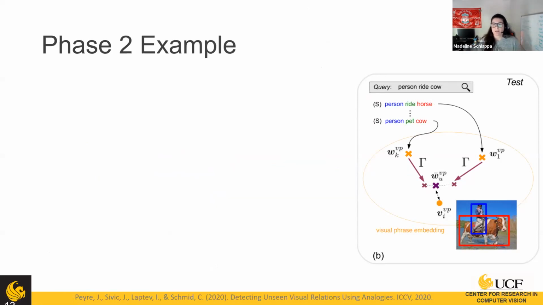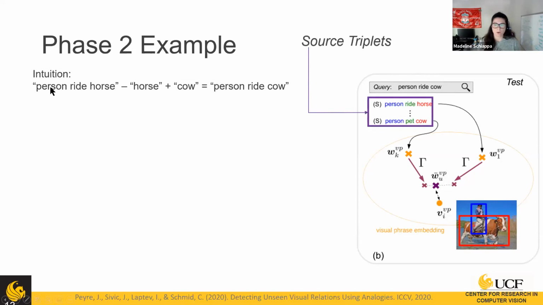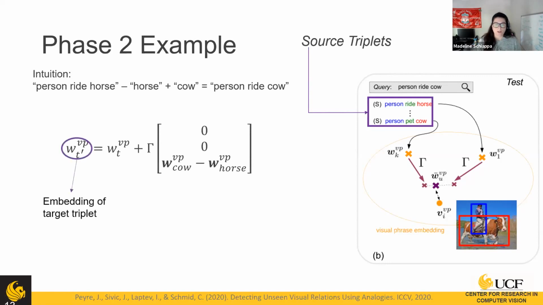So to provide an example that adds some more intuition to this, we're going to look at the target query person, ride, cow, and compare it to the source query person, ride, horse. So we have our list of source queries, and then person, ride, horse is the first on that list. So we want to start with using the embedding of the source triplet and adding that to the transformation.